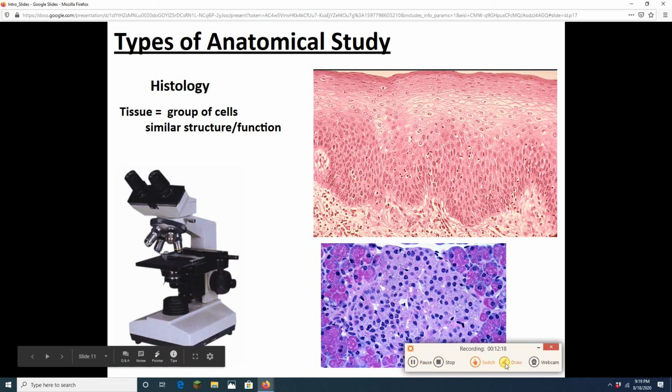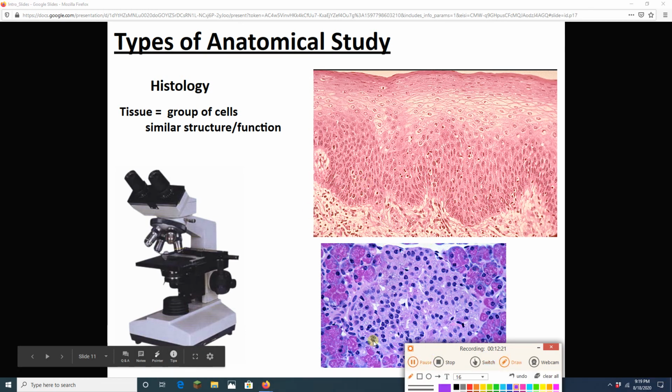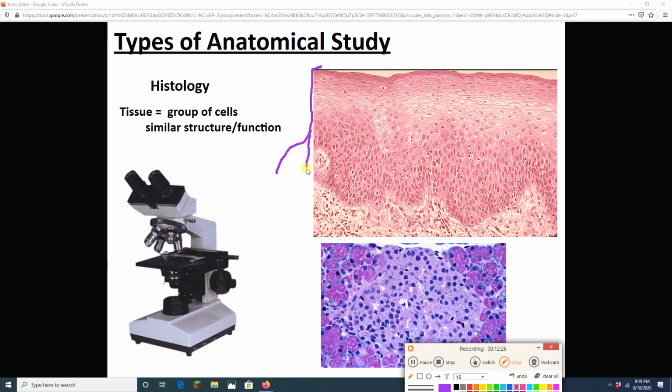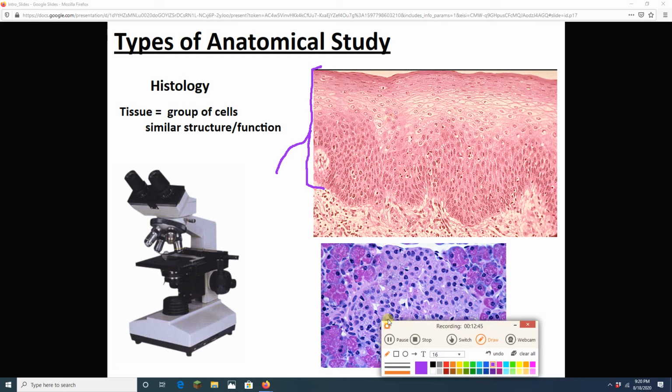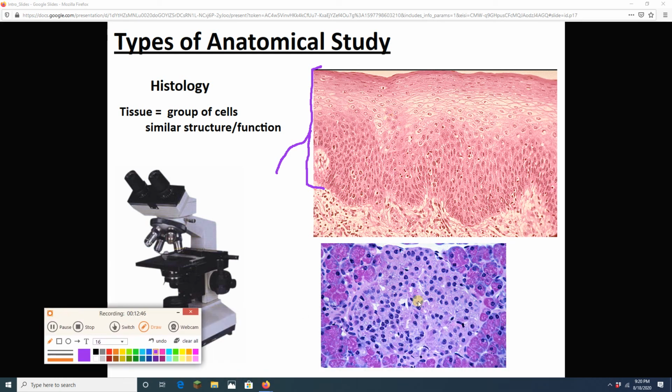So we have some examples of tissues here. This is a tissue right here. This is from the inside of your cheek. This multi-layered tissue provides the inside of your cheek with a lot of protection. If you are studying this, you are doing some histology. If we look at the picture on the bottom, let me get my little color palette out of the way.